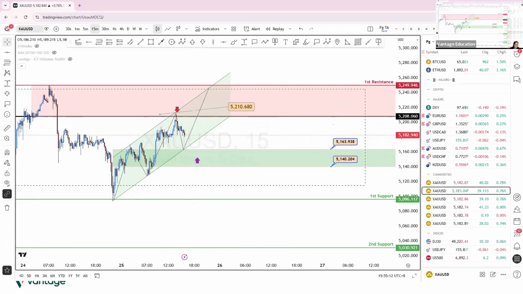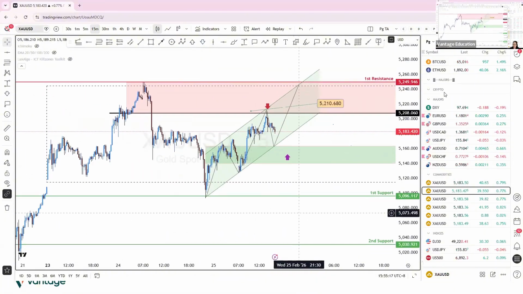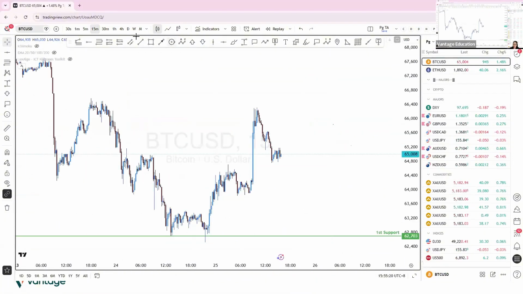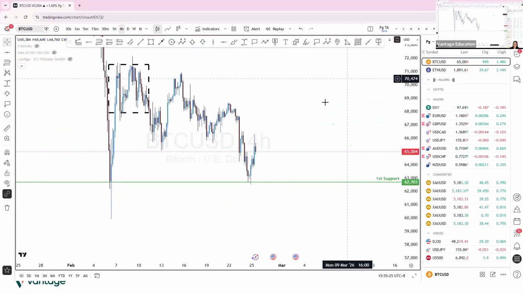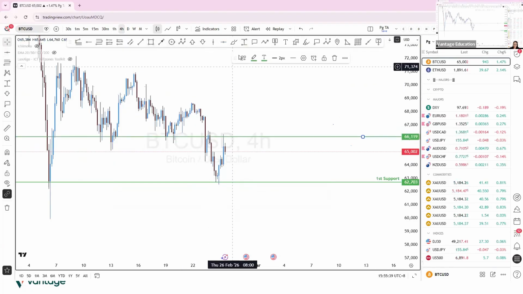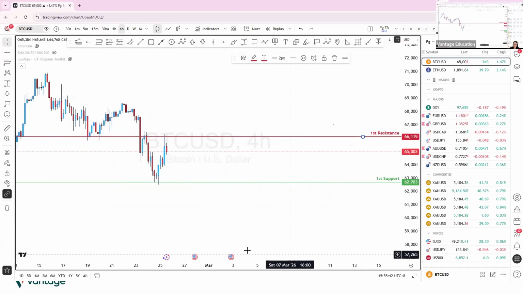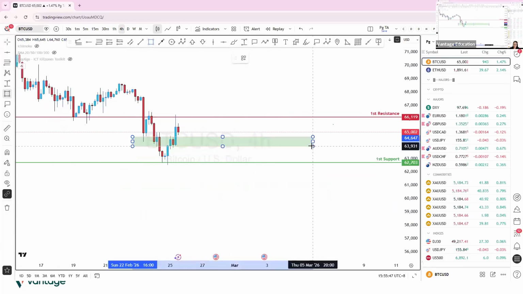Anyone want to request? If not, I think I'm going to finish off with the gold setup and a quick look at BTC. BTC covered the support level, and it's being sideways. Long already. In H4, BTC is ranging.